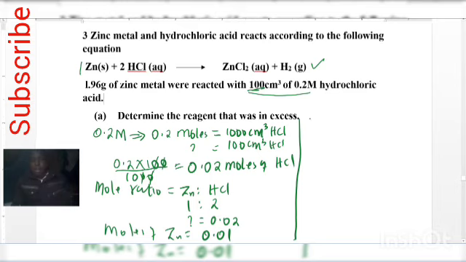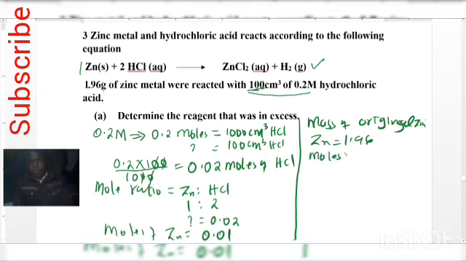Now the next thing we want to look at is the number of moles of the original mass of zinc that was there. We know the mass we were given is 1.96. So what will be the moles?